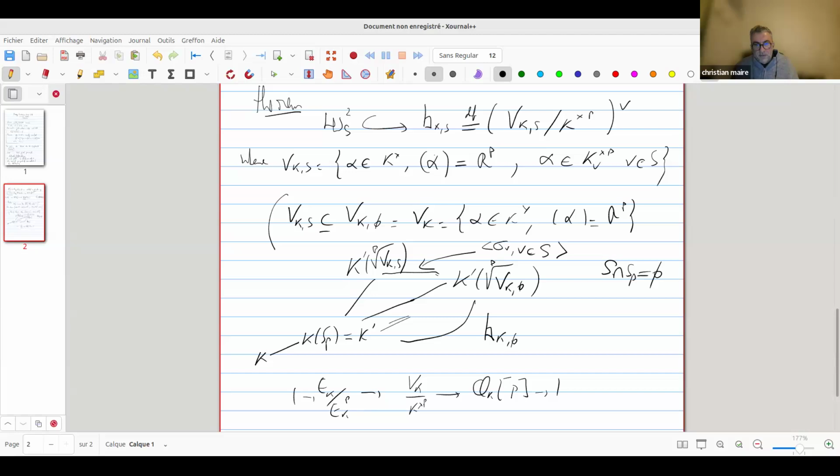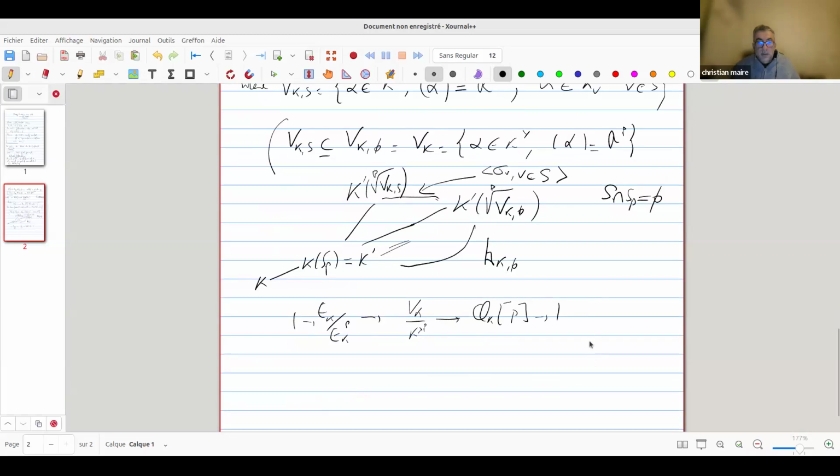So this extension is finite, generated more or less by the units and the generators of the class group. If you choose the place S well, you are sure that the B_K^S is empty. In fact, when S is well chosen, you obtain that V_K^S is equal exactly to the p-th powers of K, which implies that the Shafarevich group is trivial.